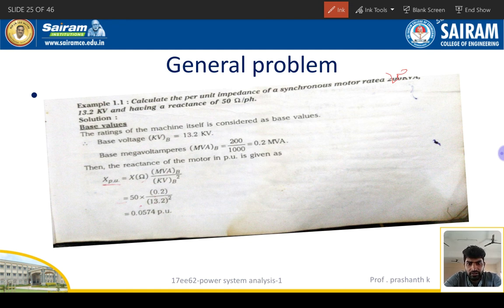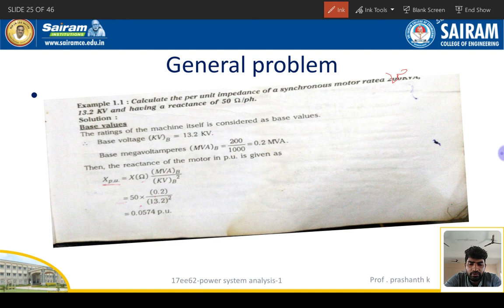The rating of the machine is considered as the base value, so the base voltage is 13.2 kilovolts, and the base megavolt ampere MVAB is 200 divided by 1000, that is 0.2 MVA, because 200 kVA is given. Keep it in your mind, we need to convert it into MVA by dividing by 1000.